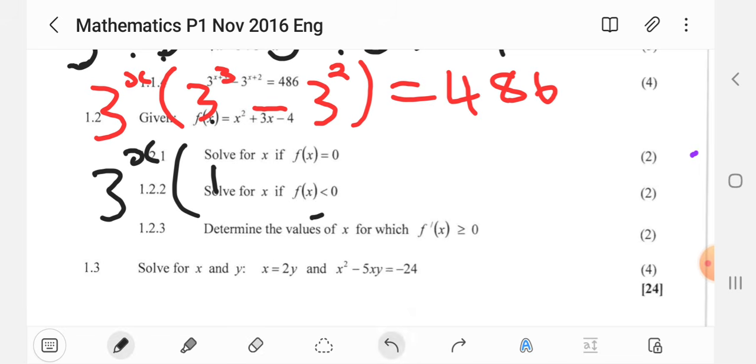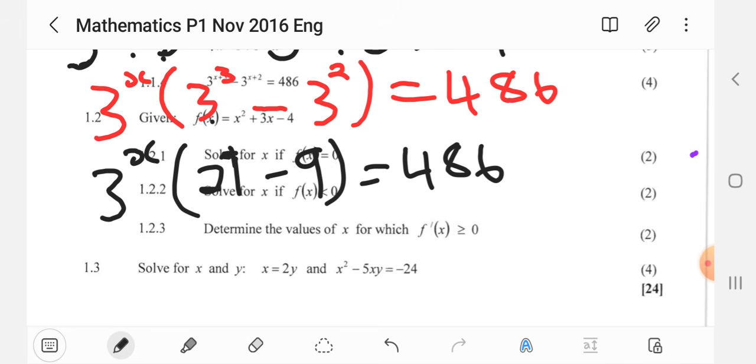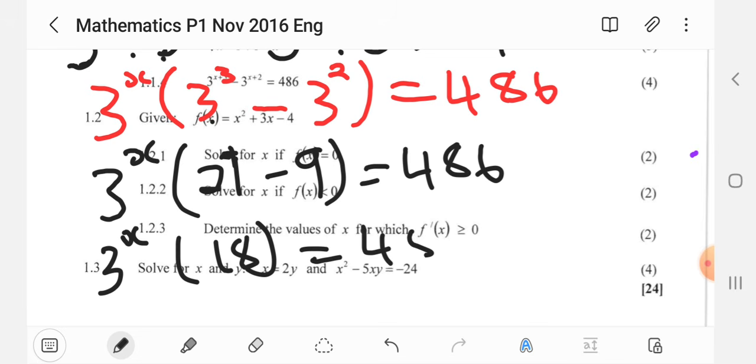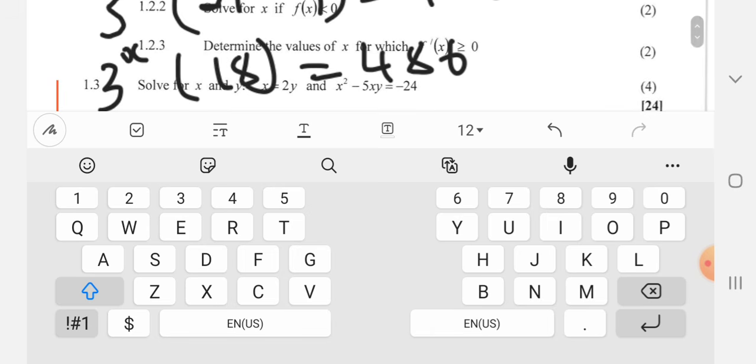Let me just do it for some of you who are really struggling with math. That will be 27 minus 9, which is 18. And then 3 to the power of x times 18 equals 486.